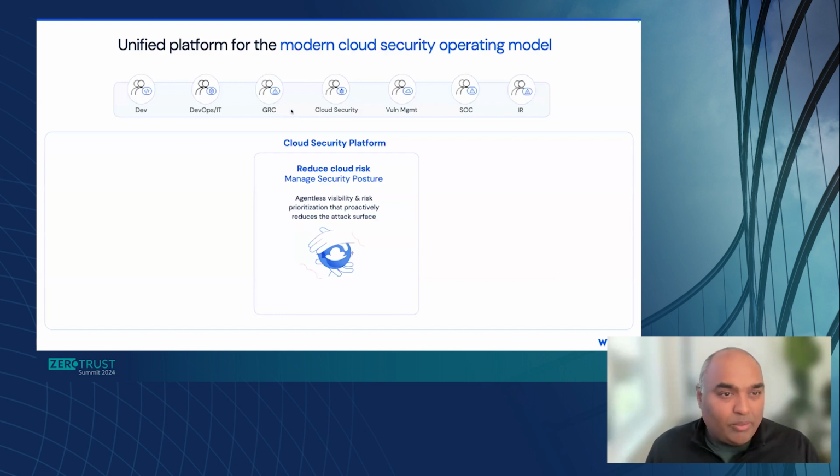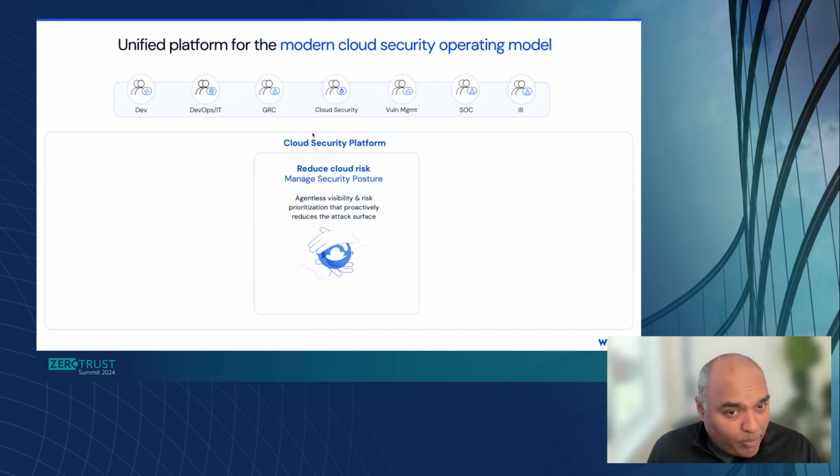So in reality, we call this the unified platform for the modern cloud operating model, where the journey can start with reducing cloud risk and managing security posture, identifying critical risks that exist in your environment with very little effort, without having the overhead to deploy agents, and then proactively reducing the attack surface.